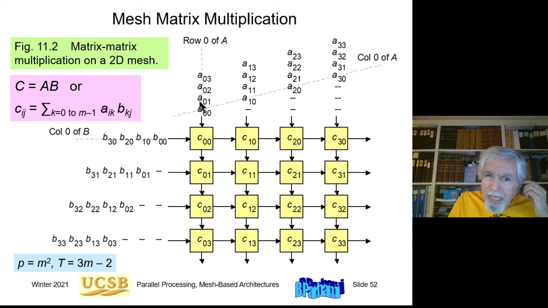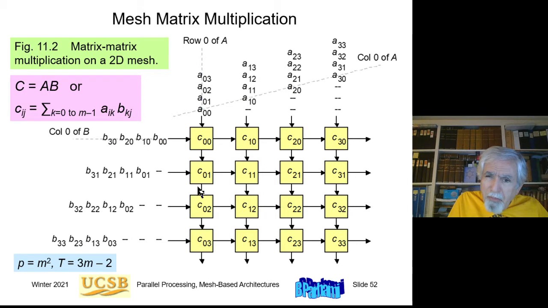Because the A elements that come into the top row are passed on to subsequent rows with one clock cycle of delay, the elements of each column are delayed with respect to the previous one by 1 unit. This is delayed by 1 unit, the next one by 2 units, the next one by 3.